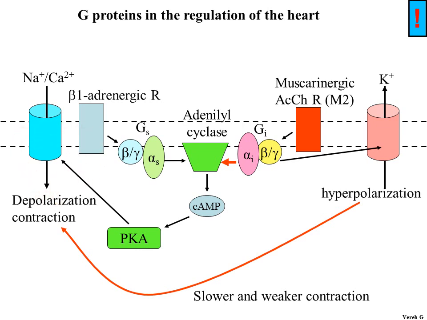So hyperpolarization works against the heart cycle and decreases the speed and also decreases the strength of the contraction, and this is how you go back to normal heart rates and a normal rate of circulation.